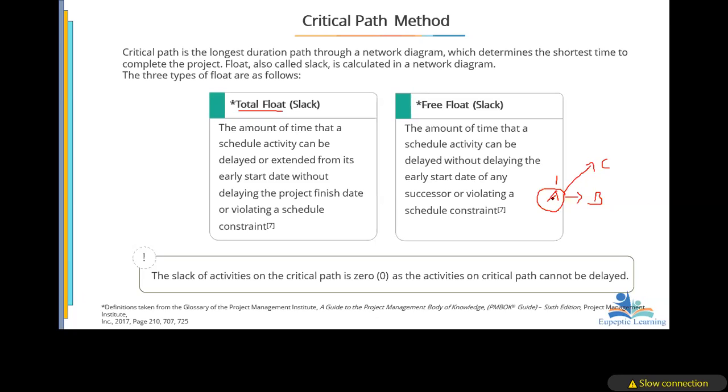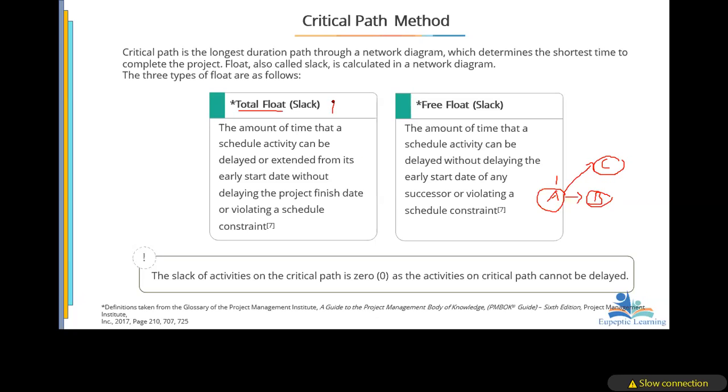So if I delay this one by 1 day, it is not going to do anything to this one, but it is going to affect this one. Then it is not a free float. Do you see the difference here?